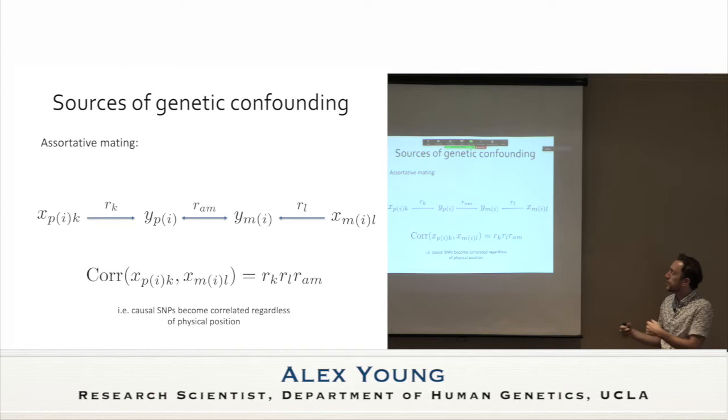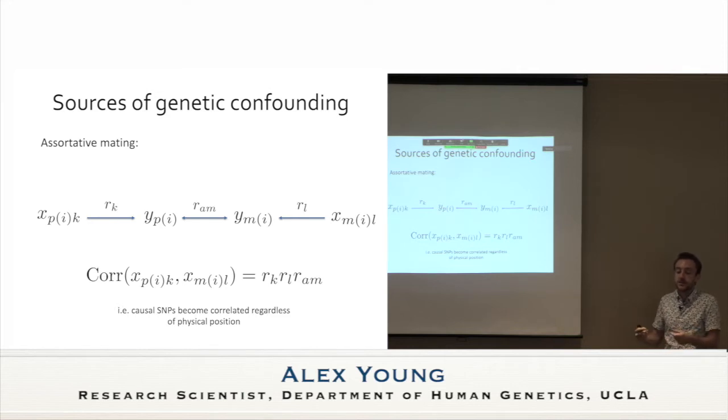But the more problematic types of genetic confounding are the non-random forces of non-random mating that generate non-local linkage disequilibrium, so correlations between SNPs on different chromosomes, for example. And the two primary types, although it's one of these theoretical constructs where we neatly separate things, are assortative mating and population structure, but in the real world, it's not like that.